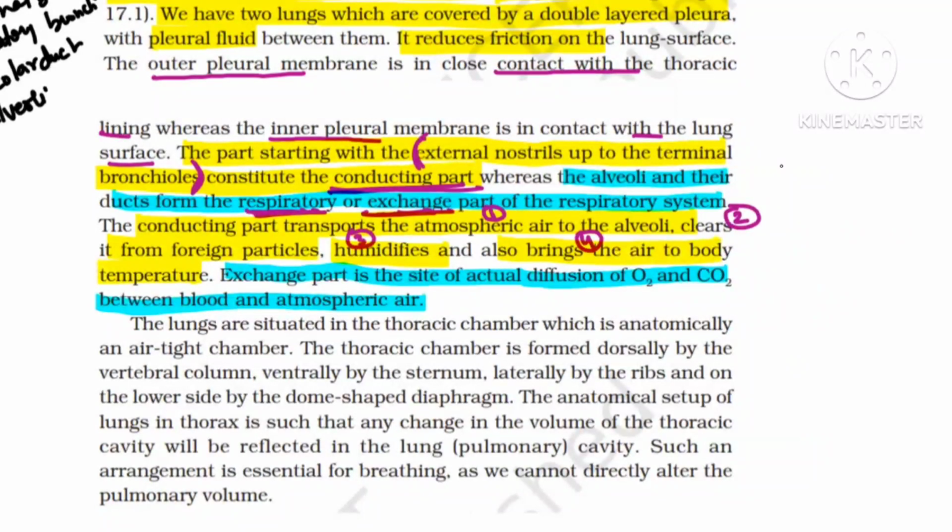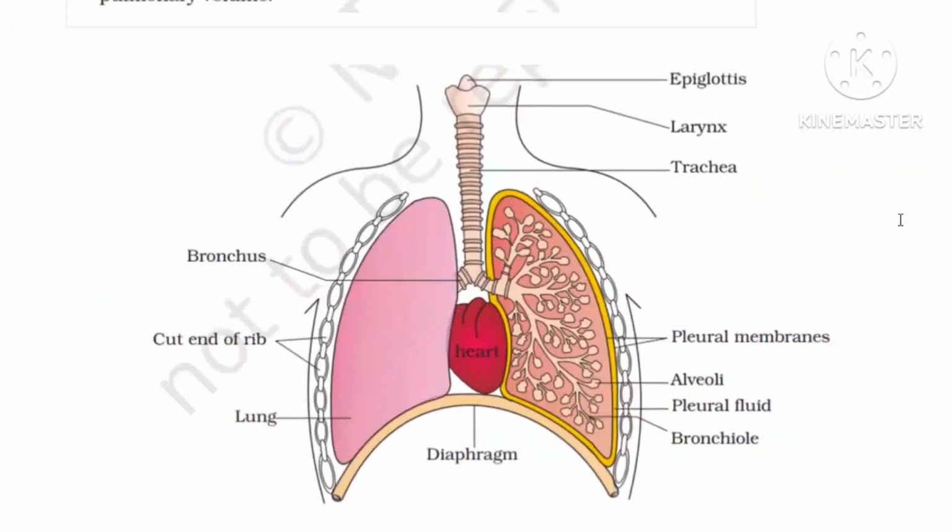I explained how we started from the external nostril till the alveoli. Clear? You can see this diagram. See here, this is the epiglottis. It is a flap-like structure which closes the glottis at the time of swallowing. If you see the larynx, it is known as the voice box. It is a cartilaginous box.